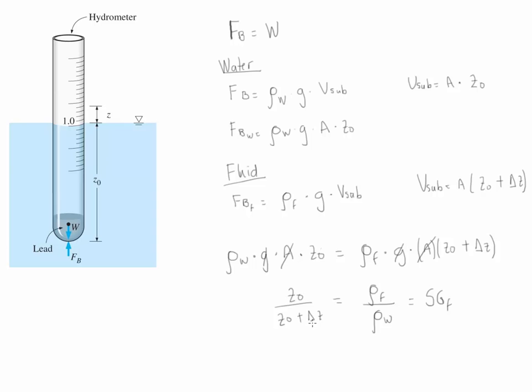So if you're able to have a reading for delta Z, you should be able to find out the specific gravity for that particular fluid. Notice that the value of delta Z is going to be positive if the fluid is lighter than pure water, but if it's denser, it's going to be negative.